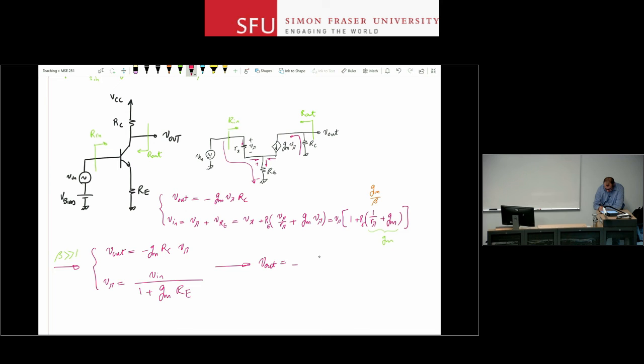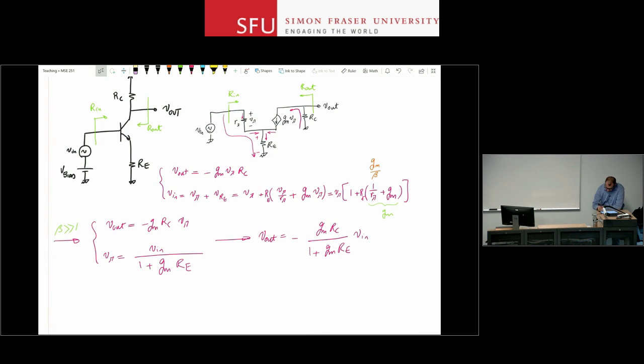It's going to be minus GM RC over 1 plus GM RE times V in, or your gain value is minus GM RC over 1 plus GM RE.